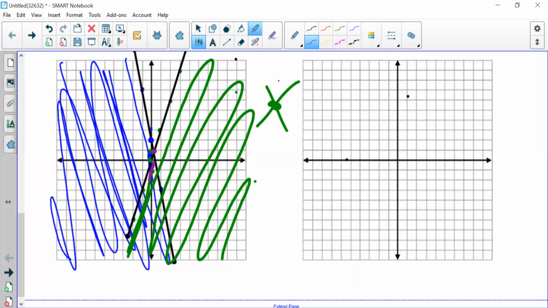So literally everything in here and these two lines is the solution. So all of this is the solution to my system. All right, let's graph another one.